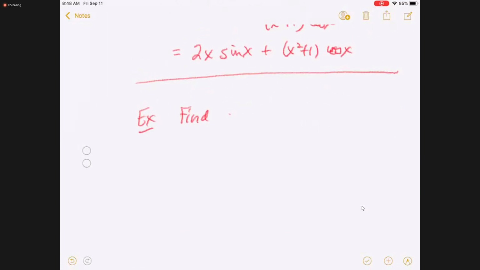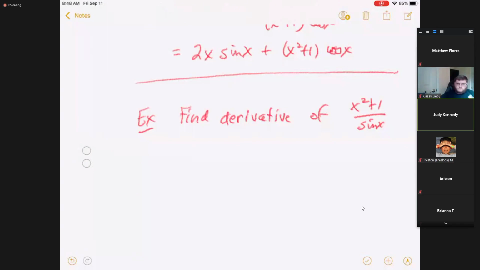Okay, let's find the derivative of, well, how about we just make that problem into a quotient of two functions. So x squared plus 1 divided by the sine of x. Now we have to use the quotient rule.